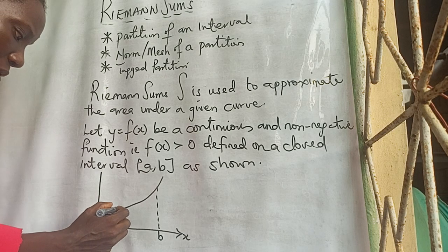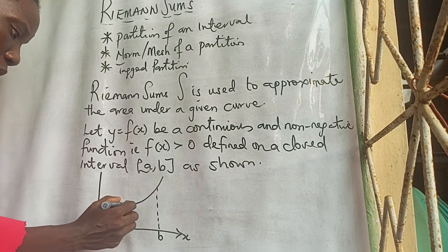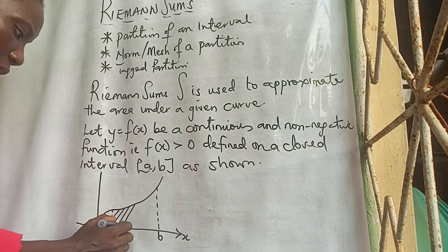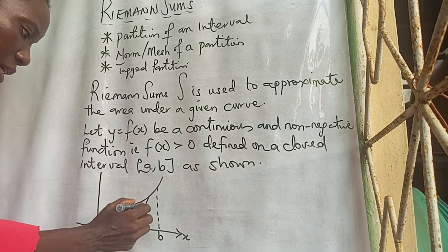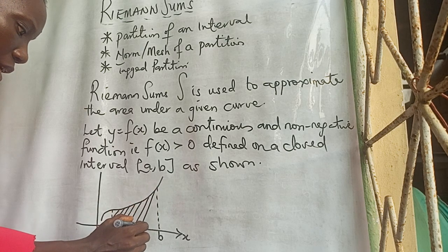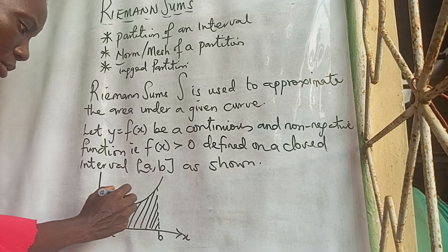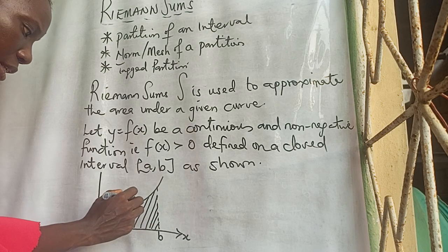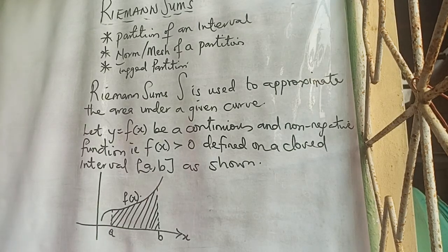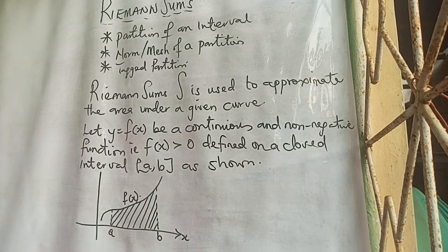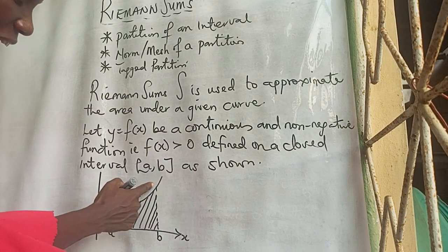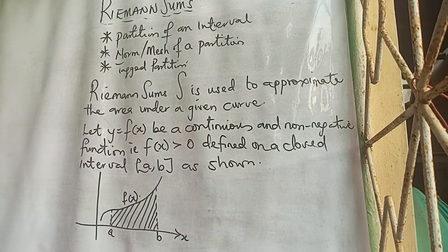We use the Riemann sum to approximate the area bounded by our curve f of x and the interval AB.